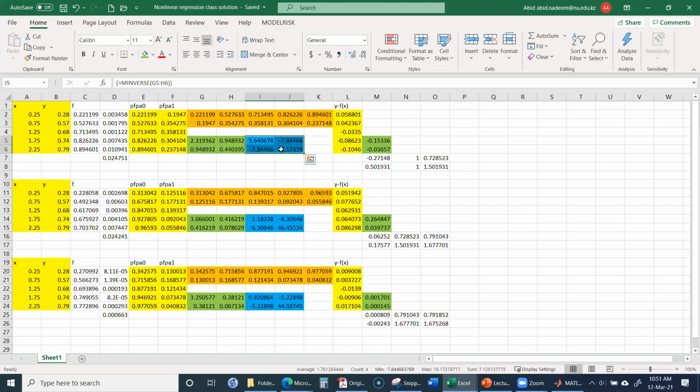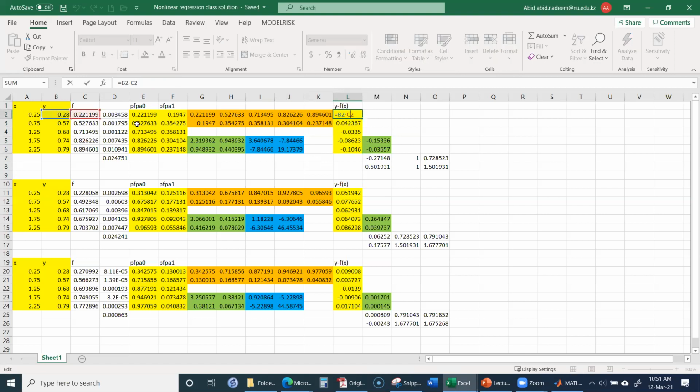The answer is here. And here I have the D matrix, which is the difference of the predicted value and the actual value. This is the D matrix.